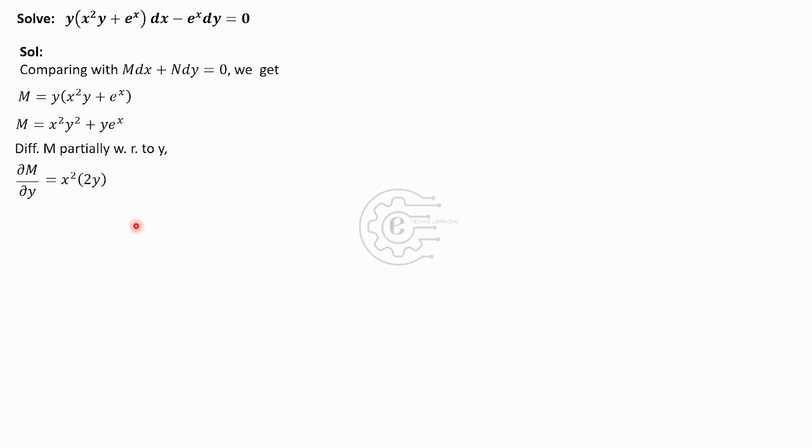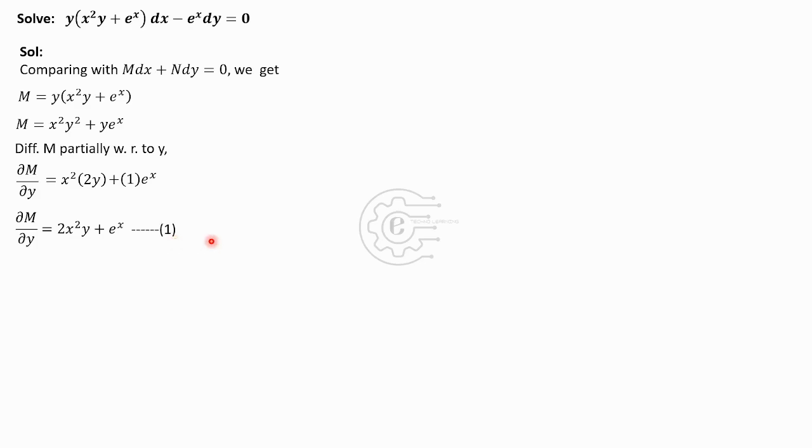So we write x² (2y) plus derivative of second term, यहाँ पे derivative of y with respect to y will be 1 and e^x will be constant. So we write 1 into e^x. So therefore we get 2x² y + e^x. Let us name this as equation 1.